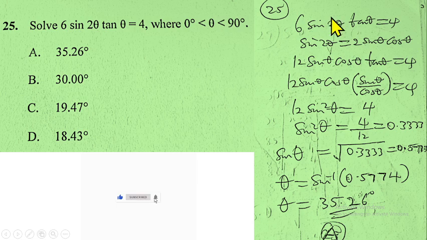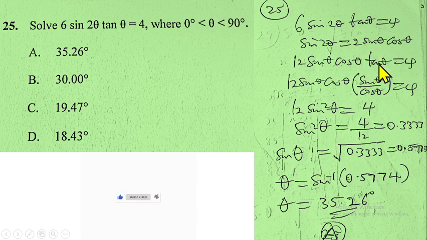Sine 2 theta is a compound trigonometric ratio because 2 theta is a compound angle. Sine 2 theta is the same thing as 2 sine theta cos theta. If you replace it here, 2 times 6 will give us 12 sine theta cos theta, then tan theta equals 4.